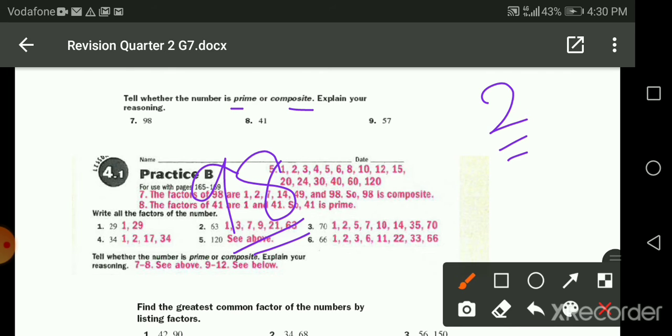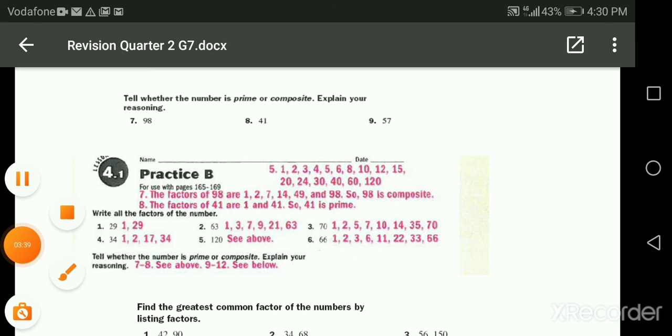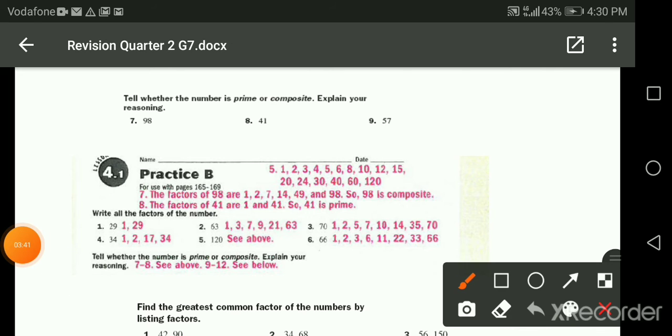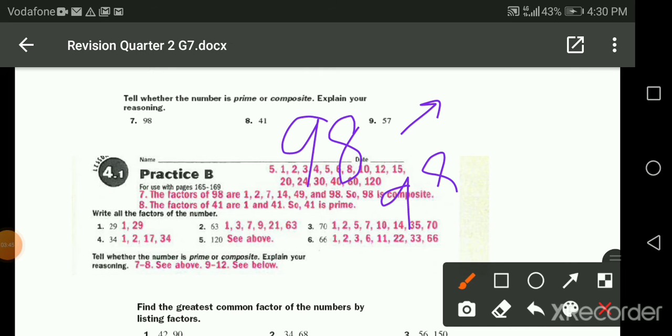98. What are the factors of 98? 98, my dear students, is 98 multiplies 1, and it's 2 times what? 2, why 2? Because it's even.